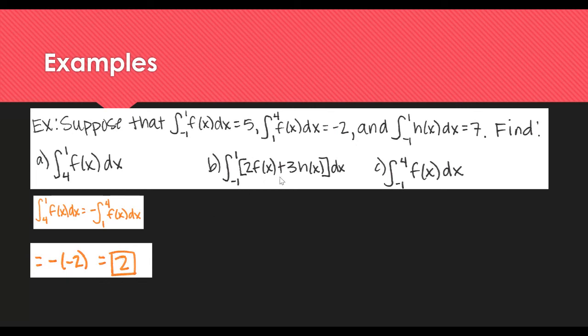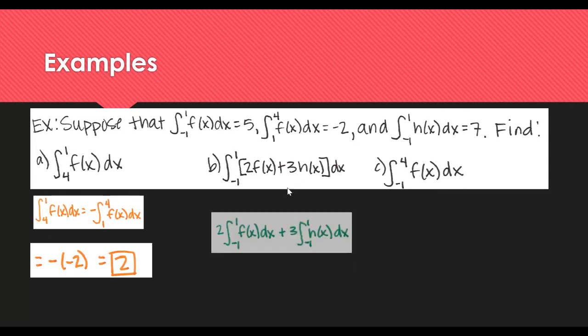All right, letter B. 2f of x plus 3h of x from -1 to 1. Well, I can put the 2 out front, split it into 2 separate integrals, and then put the 3 out front.